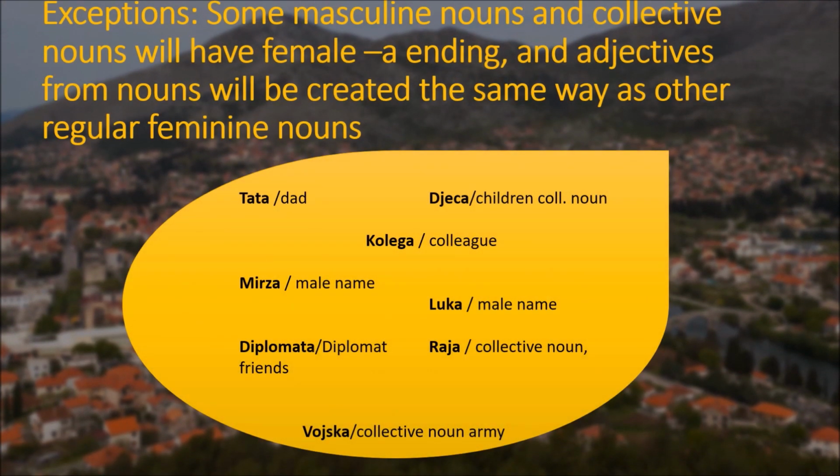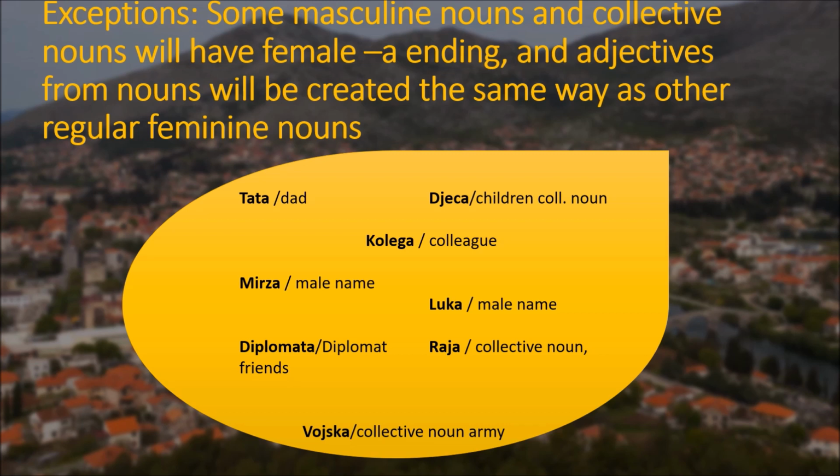Now, this is not all. Just please keep in mind that's the basic formation of possessive adjectives in Bosnian language. But as always, we have many exceptions, and some of them I have listed here on your screen. Some masculine nouns and collective nouns will have a feminine a ending, and adjectives from those nouns will be created the same way as other regular feminine nouns.